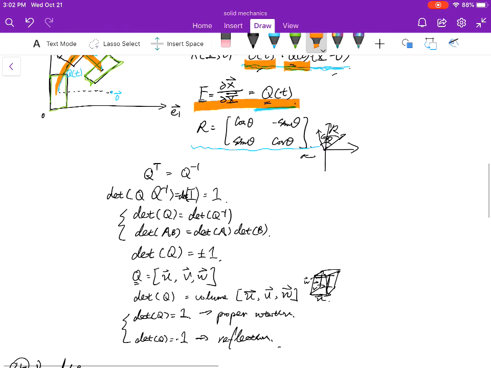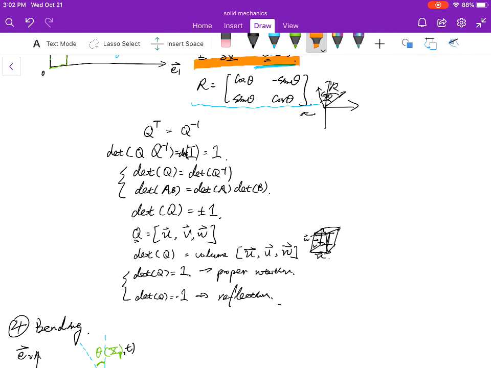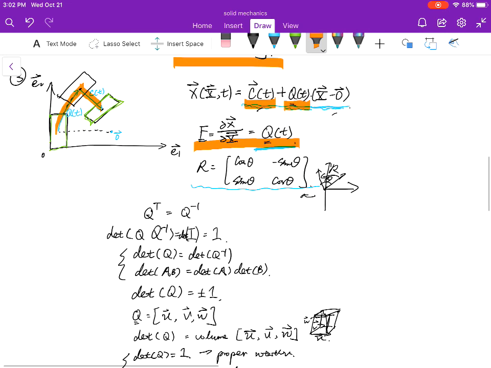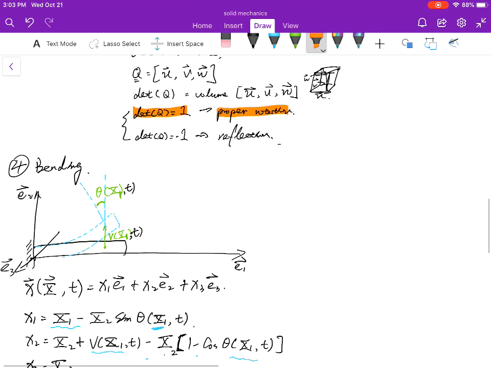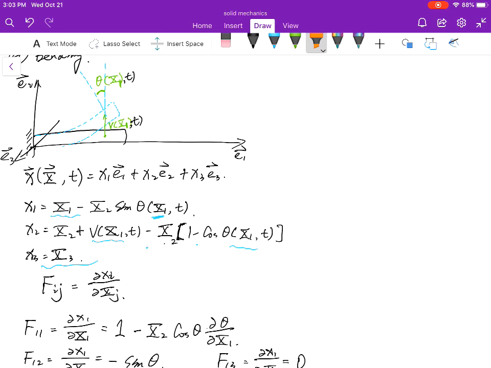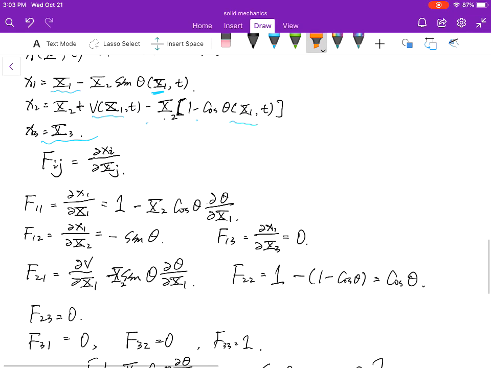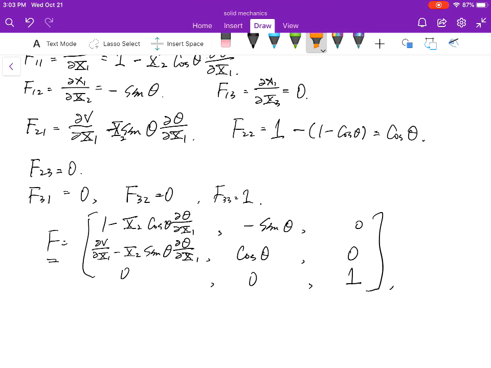I also showed that the determinant of the rotation tensor should be 1 for a proper rotation. For the bending problem, it's a little more complicated, but eventually we get this deformation gradient tensor.